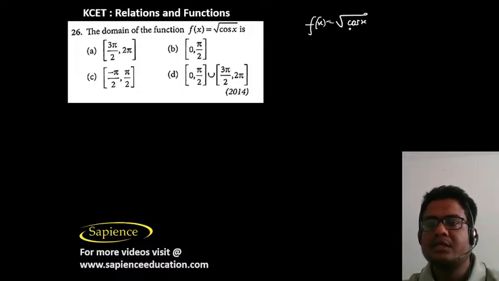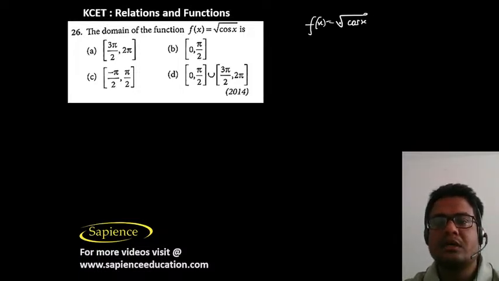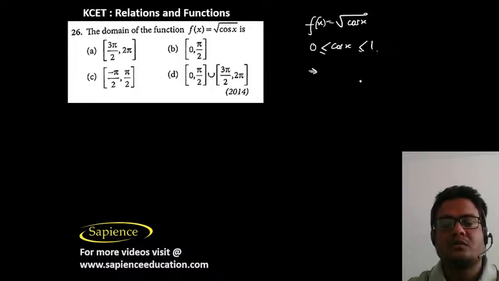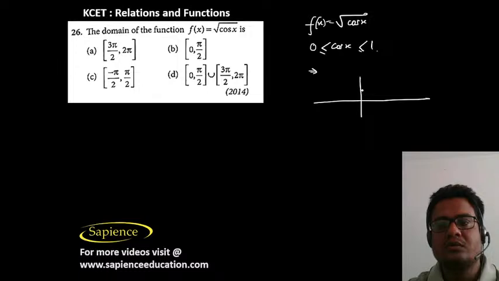It means that under the square root, cos x should be greater than or equal to 0 always, and we know that cos x is always less than or equal to 1. So the graph of cos x we know is somewhat like this: 0, pi by 2, pi, 3 pi by 2.